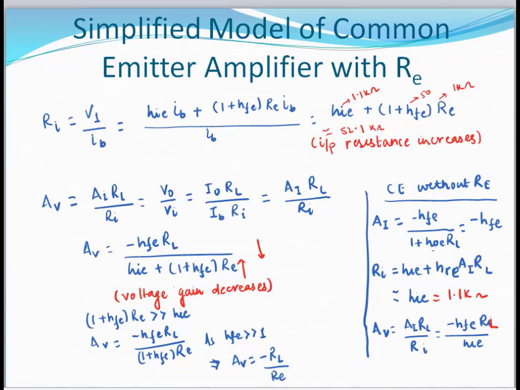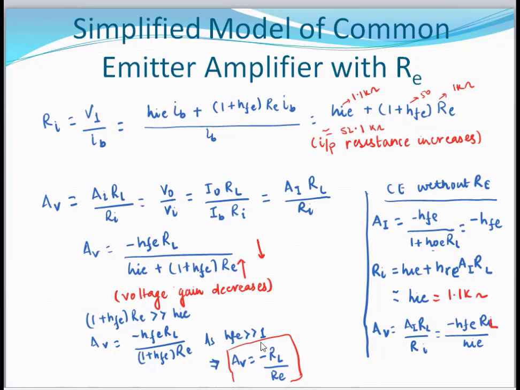So this expression can be directly used for calculating voltage gain. If emitter resistance is given and you are taking output from the collector, then this voltage gain expression can be directly used for the calculation of voltage gain.